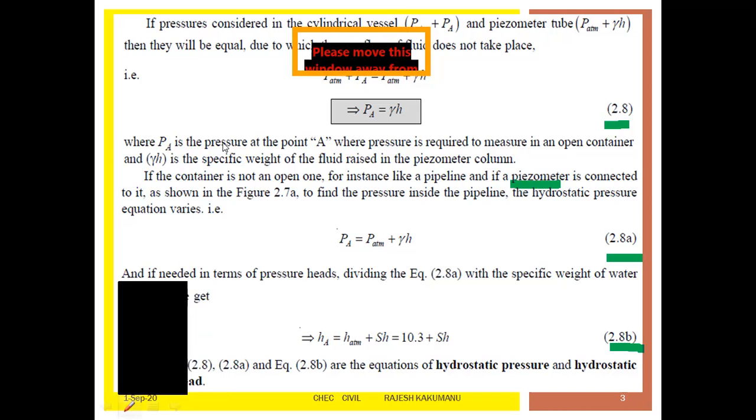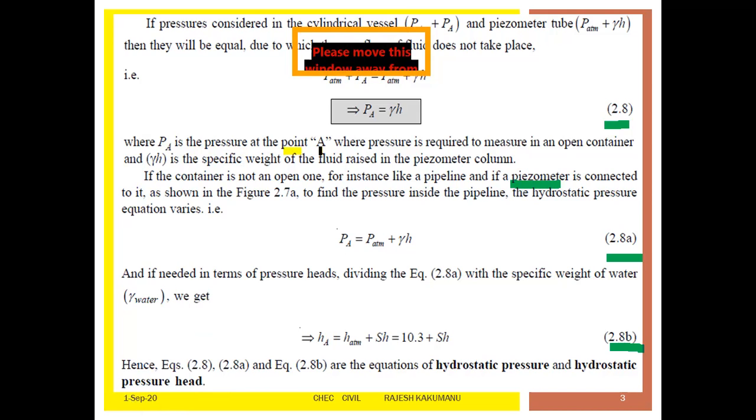Here we took the point A, where the container is open in this case. If it is open, this is the formula we are using. If it is closed, we are using this formula. So we discussed this in the last class.